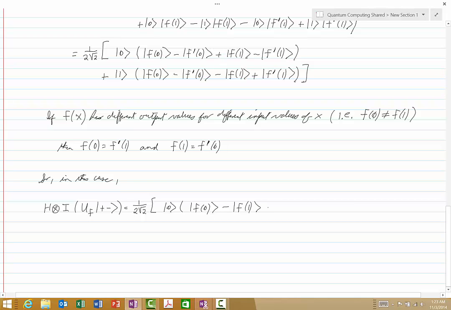plus f of 1, minus an f prime of 1 we've identified as equal to f of 0.